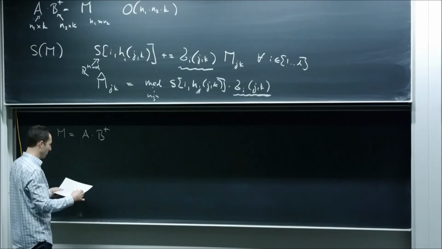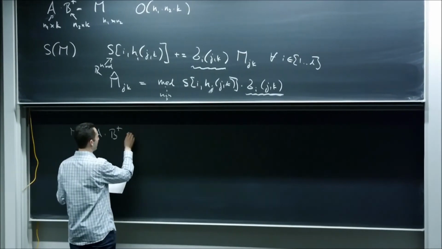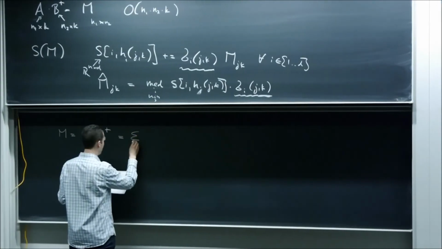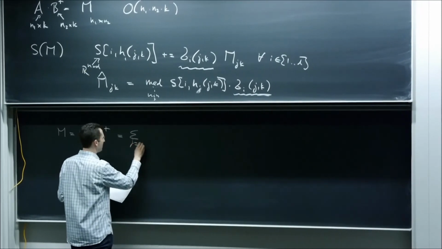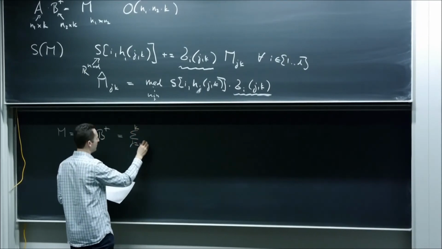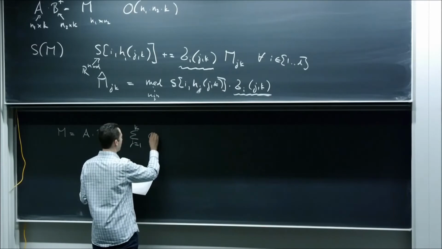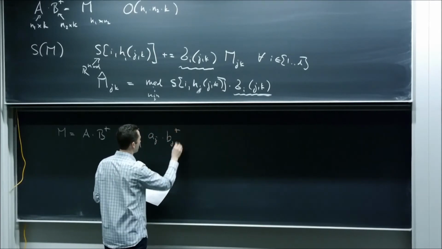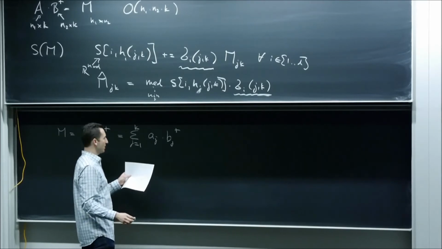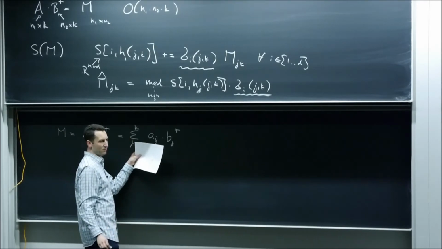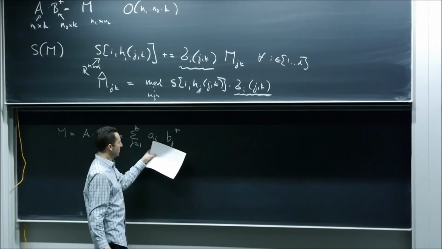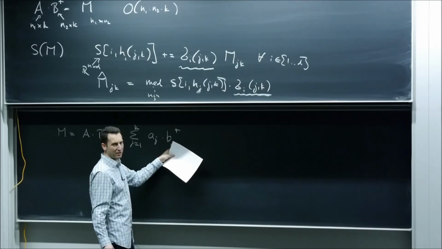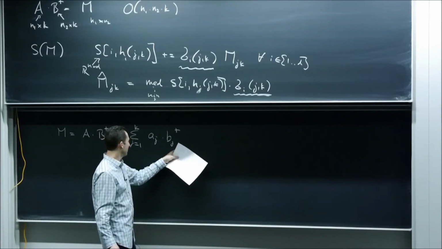This is nothing else than the sum over j equals 1 to K of A_j times B_j transposed. So basically, if this is a rank K matrix, I just have the corresponding row and column vectors here, and I compute this.